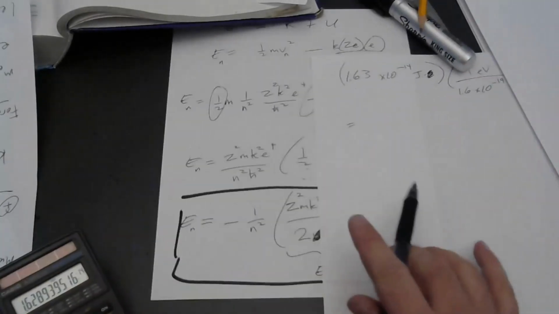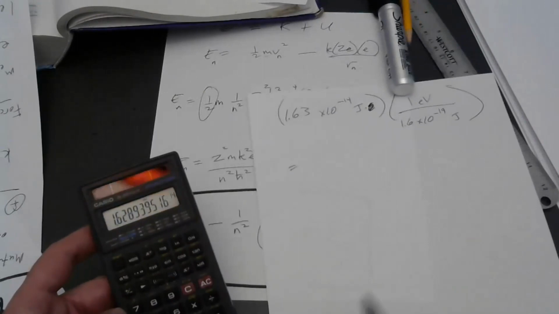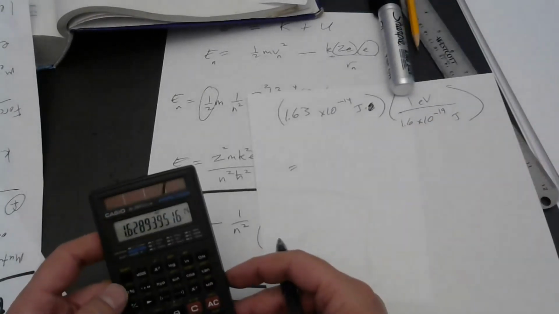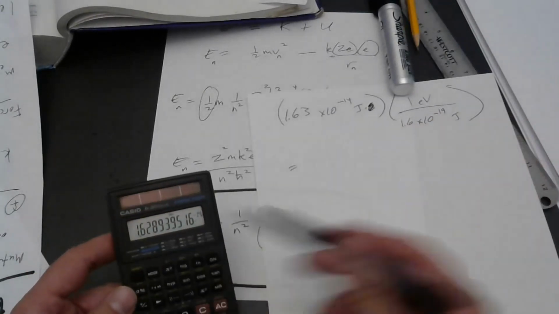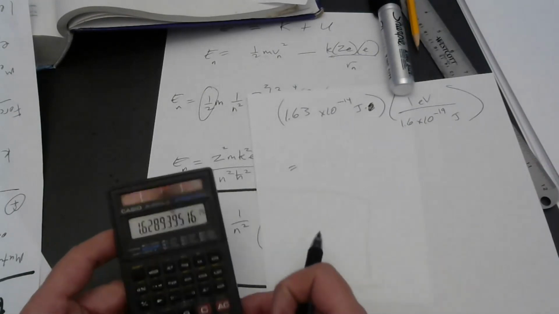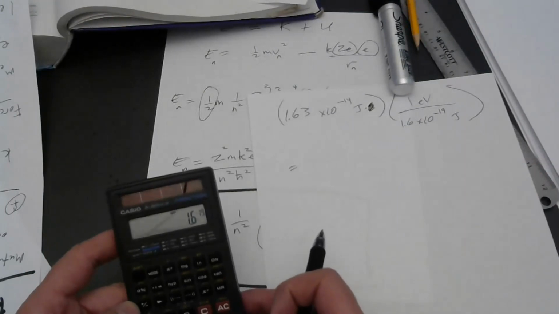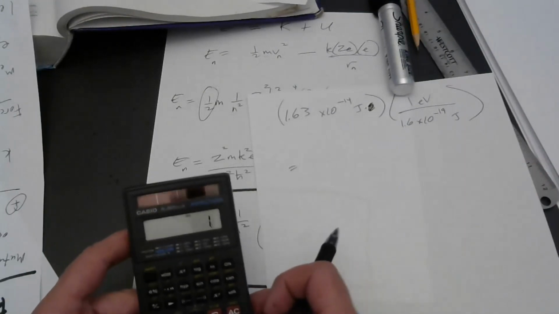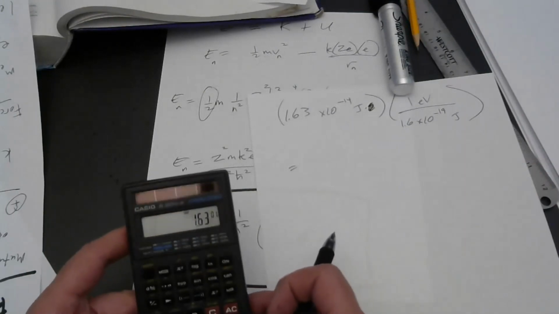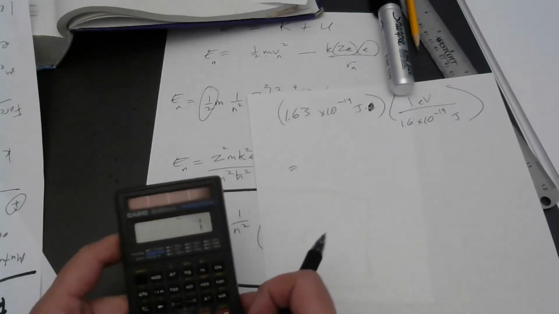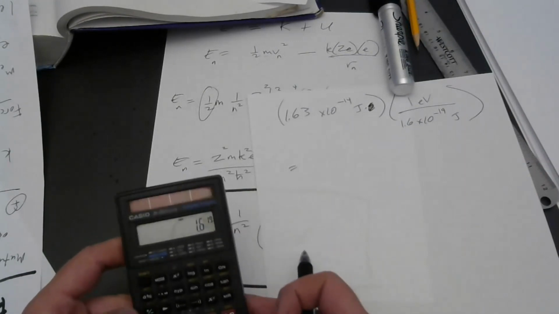Yeah, this unit that comes out should be energy. Did I press anything here? I've already forgotten. Okay, I think I hit the division button. So we're good. No, I didn't. 1.63 times 10 to the negative 14th divided by the electron charge.